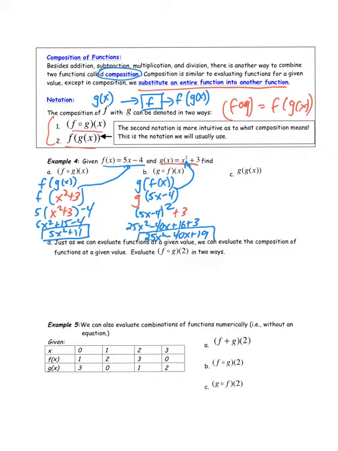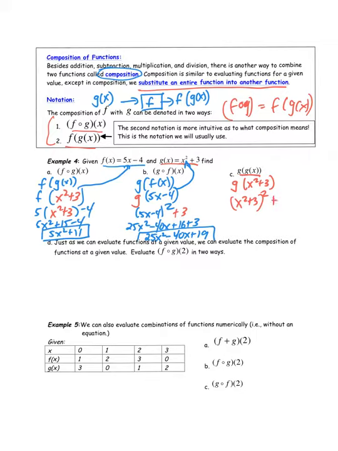And in example C here, we can actually compose a function with itself. And here I've used the more intuitive notation. So G of G of X, that means we're going to do G of x squared plus 3. So everywhere we see x in G of X, we're going to substitute in x squared plus 3. So this is going to become x squared plus 3 squared.